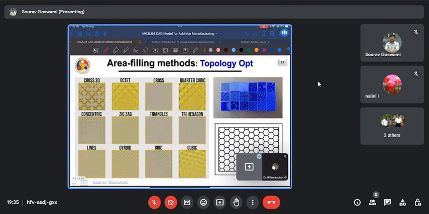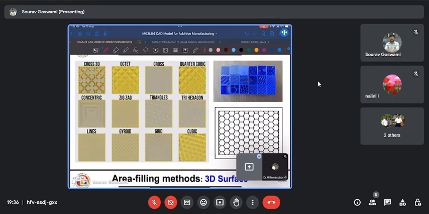Then again, there are area filling methods that are based totally on topology optimization. And these are actually area filling methods in 3D because these will extend in the 3 dimensions. A very common example is that of honeycomb. Honeycomb structures are very strong in compression.